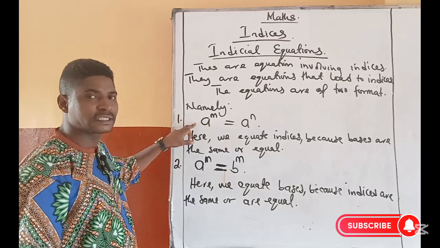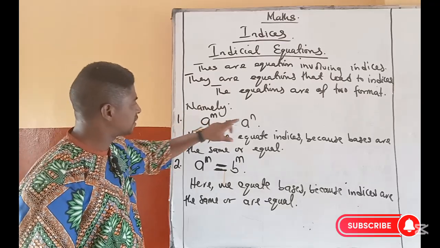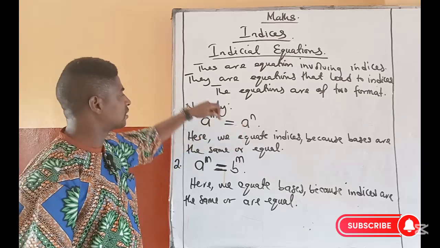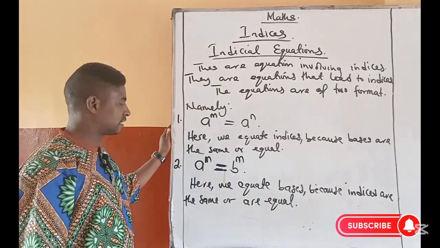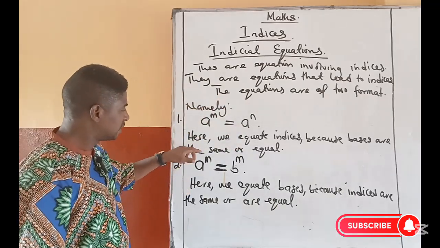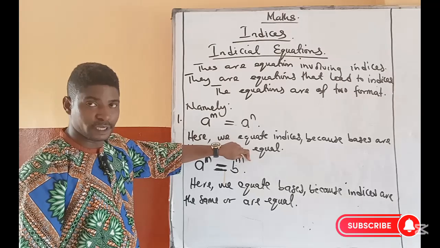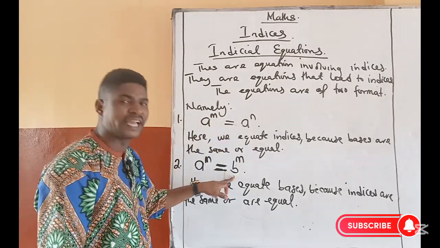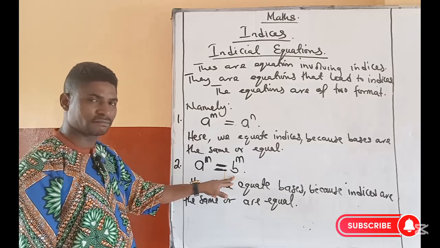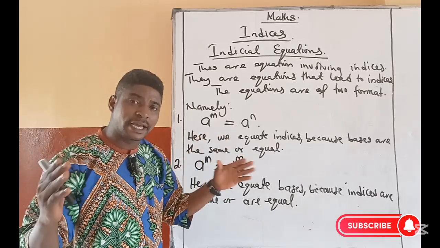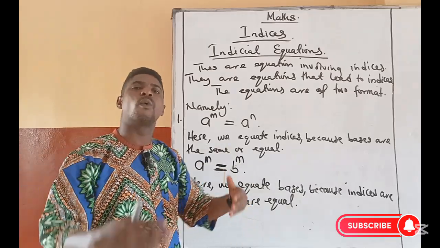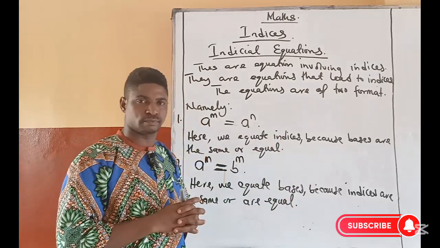In the first format, the bases will be equal, and on the basis of that, you equate the indices. In the second format, the indices will be equal, and on the basis of the indices being equal, you equate the bases. In everyday word problems, the terms on both sides will be more than 2.